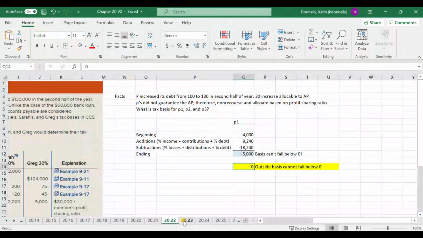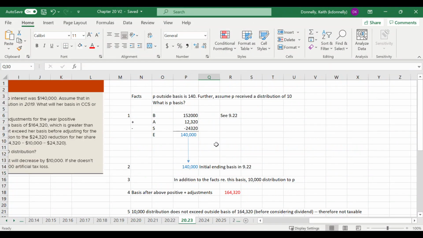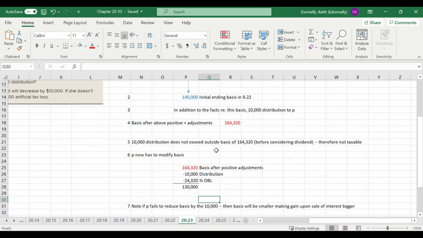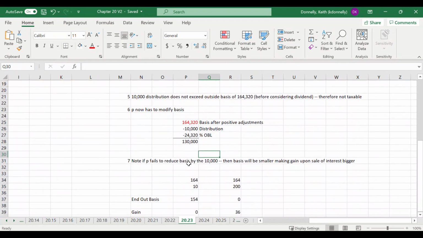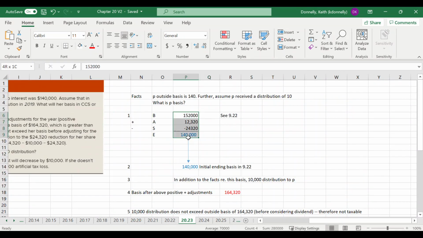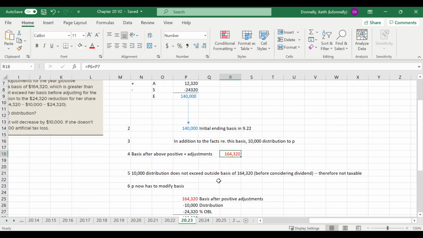So if we look here at 2023, this just looks like a calculation of the basis. There are some adjustments to it afterwards that give us some more information.